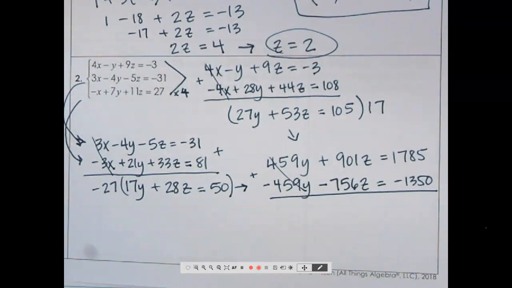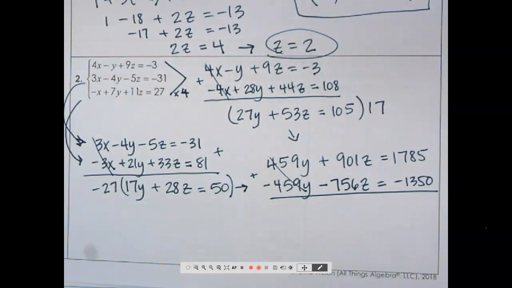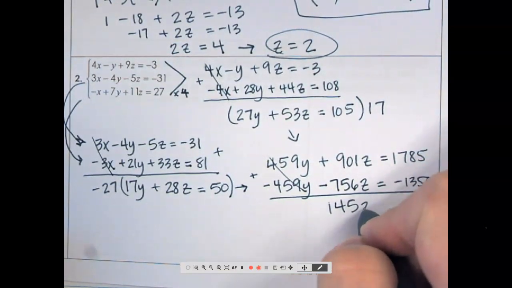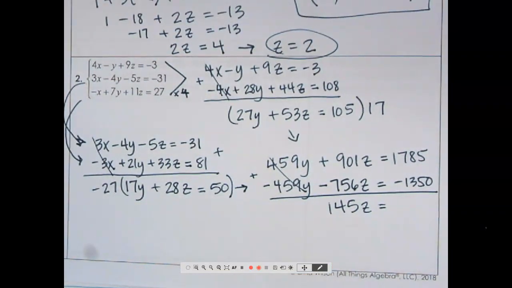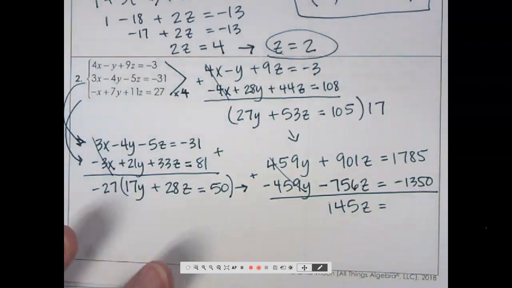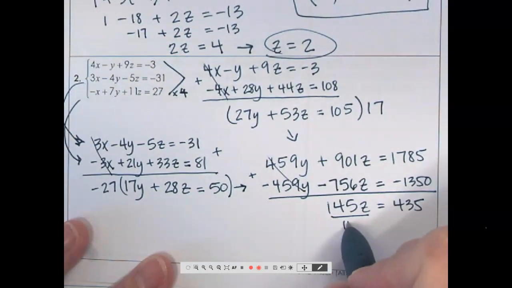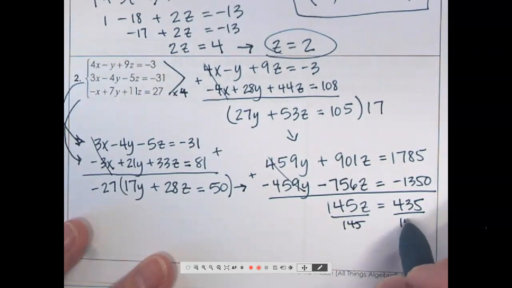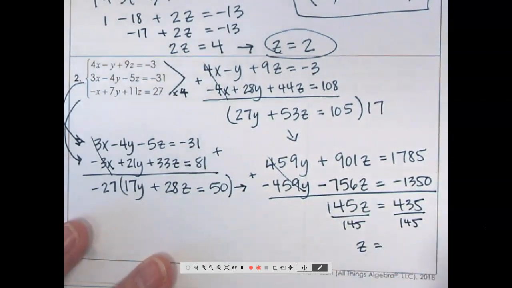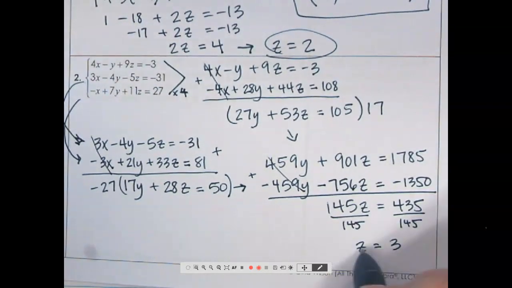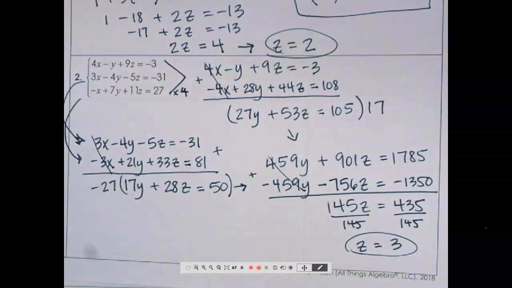As planned, the y's drop out. 901 minus 756 is 145z. Ooh, I hope I get a friendly number here. 435 divided. Phew. Anybody else get Z is 3? Okay.